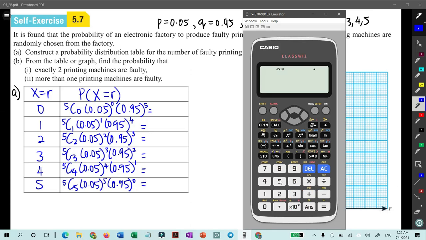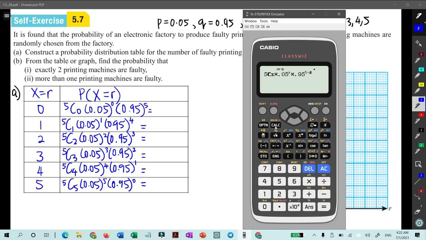As usual, I'm going to use Excel in this calculation. 5 shift divide and then X, multiplied with 0.05 to the power of X, multiplied with 0.95 to the power of 5 minus X.